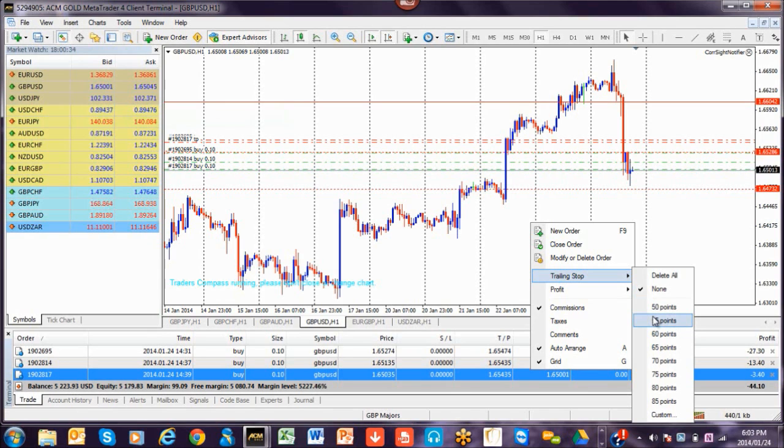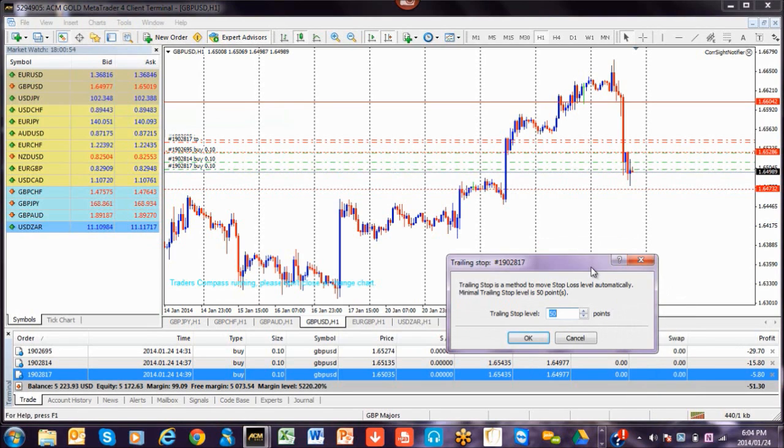Okay, so if you had to quantify this, I'm running a profit at the moment. I put in a trailing stop of, let's just say, 8.5 pips in this case. Then that means every time my profit goes up by 8.5 pips, my stop loss comes up by 8.5 pips. So it actually trails my profit to a point where as my profit increases, my stop loss comes up, and so it caps an amount of profit.